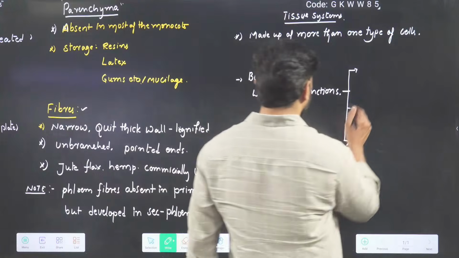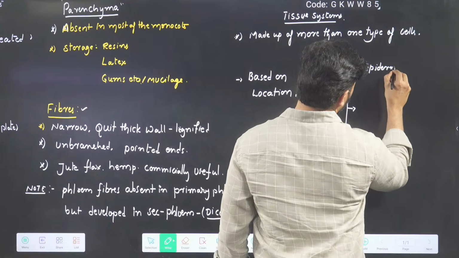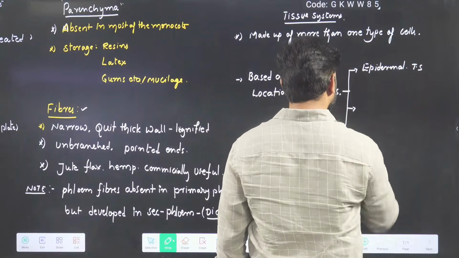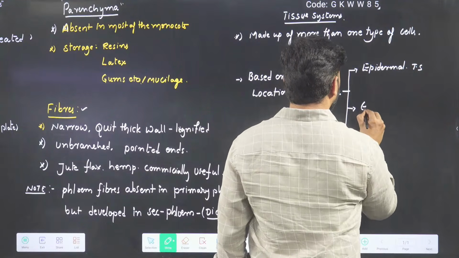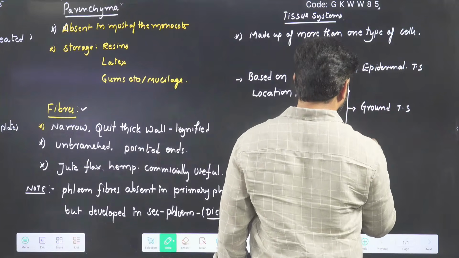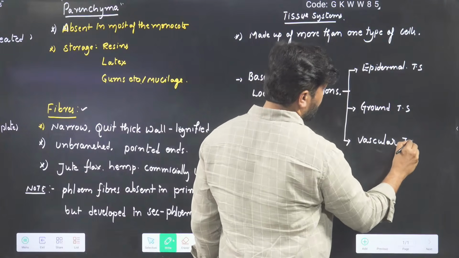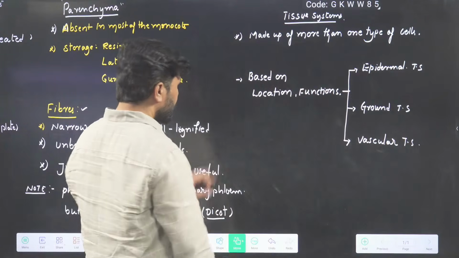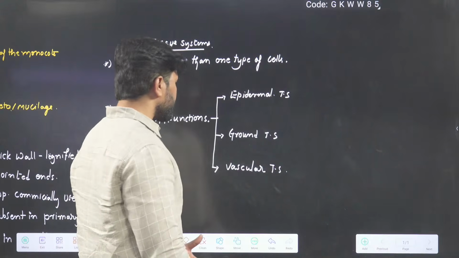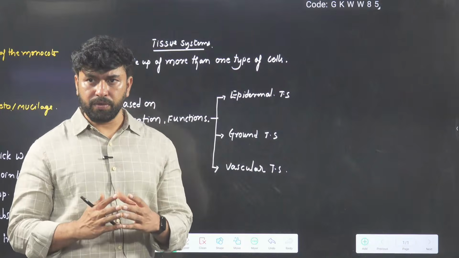First one, epidermal tissue system. Next one, you will have ground tissue systems. Next one, vascular tissue system. If I am talking about the epidermal tissue system, what are the components present in it?